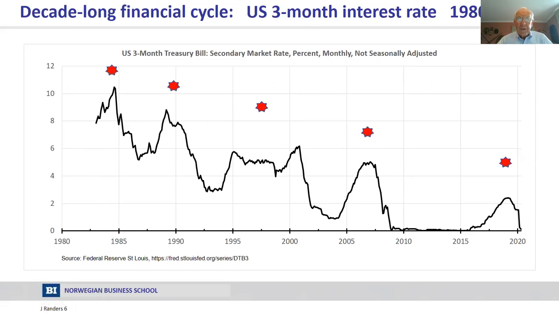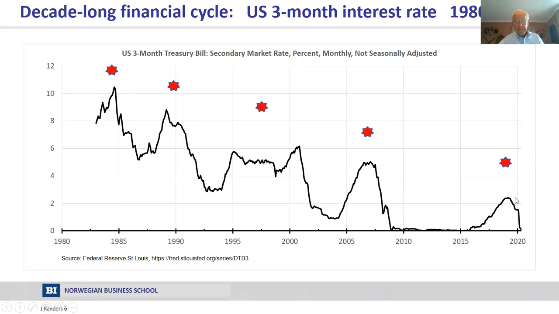And the fourth and final reference mode that we have discovered in the long time series data for the US is what we call the financial cycle, and it is most easily seen in the US 3-month Treasury bill, the central bank signal rate, which has obvious peaks every 10 years or so.